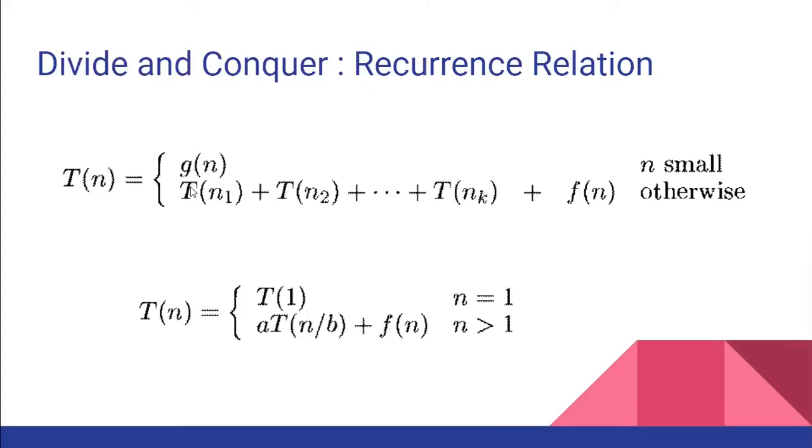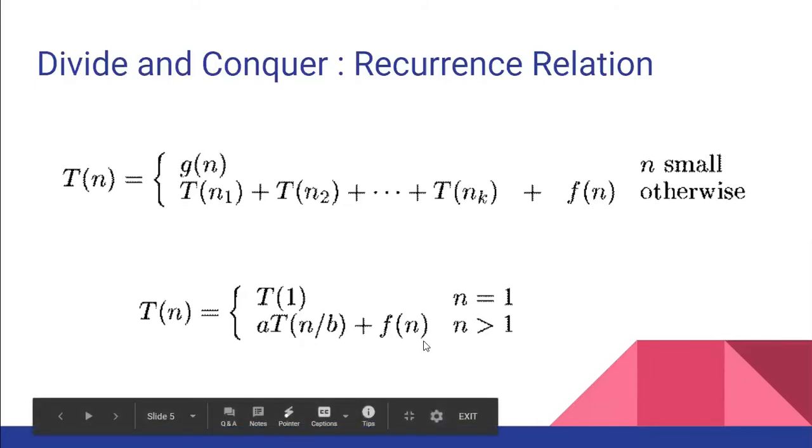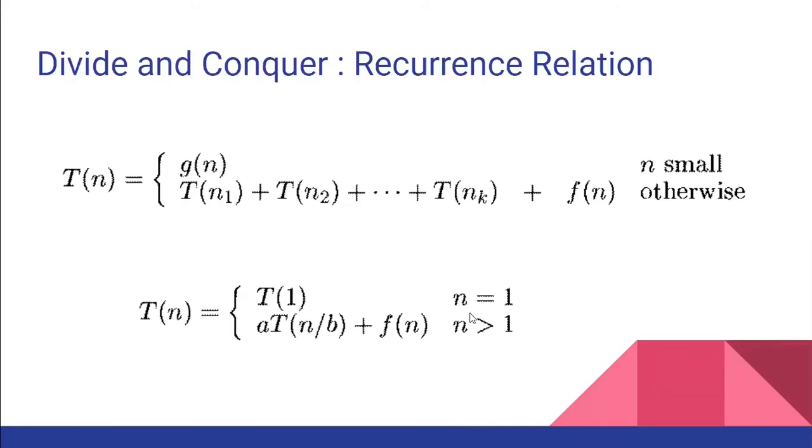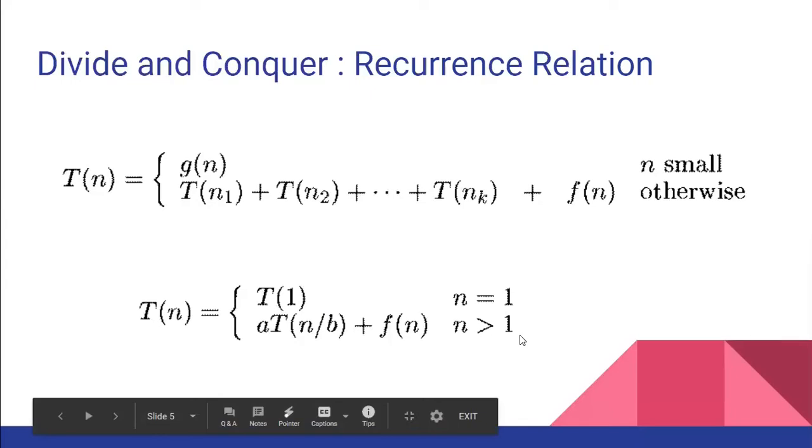Then in general, again, we can say that the complexity of many divide and conquer algorithms is given by a recurrence of this form: T of n is equal to T of 1 when n is equal to 1. If n is greater than 1, then the time complexity can be represented as a T of n by b plus f of n.